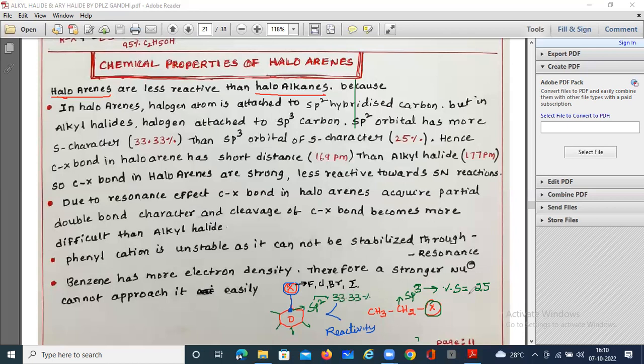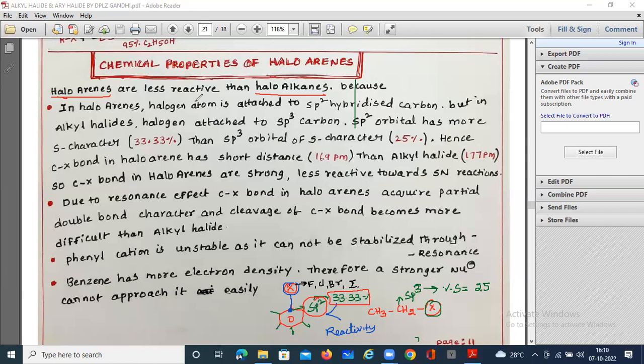So which one has the higher percentage of s character? Obviously the sp2 hybridized carbon. So the halogen atom attached to the carbon with more s character, like sp2 hybridized, is the least reactive.